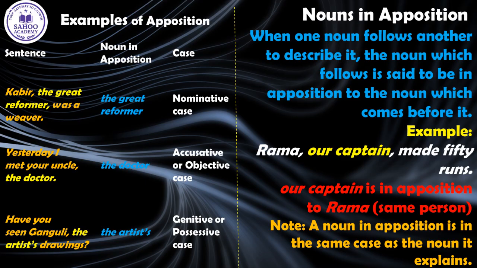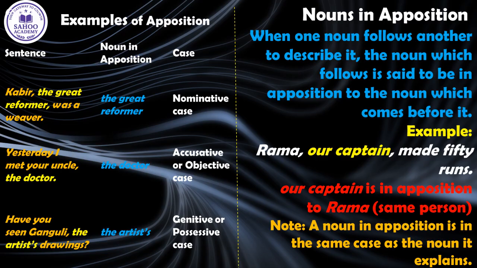Now look at the left side of the slide for more examples. Kabir, the great reformer, was a weaver. Here the great reformer is in apposition to Kabir and both are in the nominative case. The second example. Yesterday I met your uncle, the doctor. Here the doctor is in apposition to your uncle and both are in accusative or objective case.